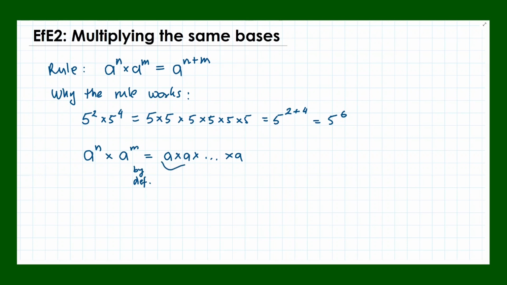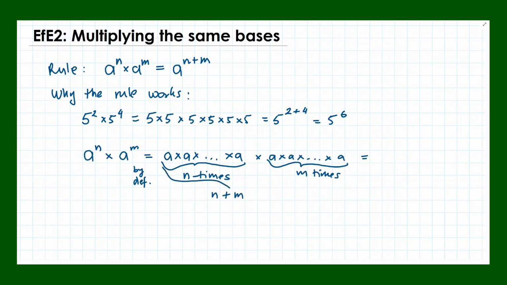So this is basically going to tell me that I'm going to have to multiply it n times, but then I'm multiplying it again, a by a by a, but this time around, this is m times. So all together, we have got n plus m times. So this can be written as a to the n plus m.